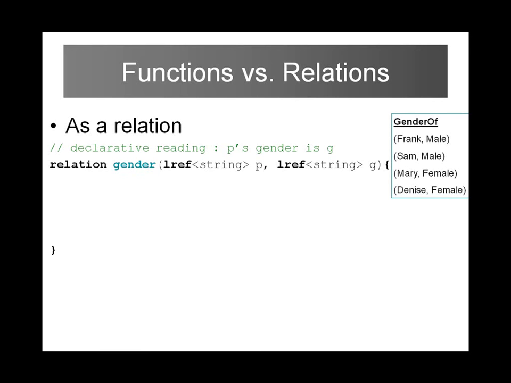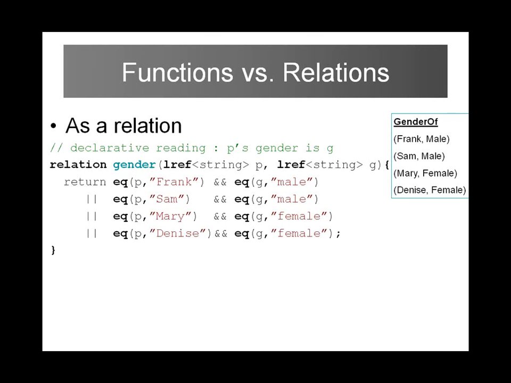I will now describe the implementation for this relation. And before I explain the workings of this relation, let me show you how to read this. So we start off with the declarative reading. Just follow my mouse here. We start from here.